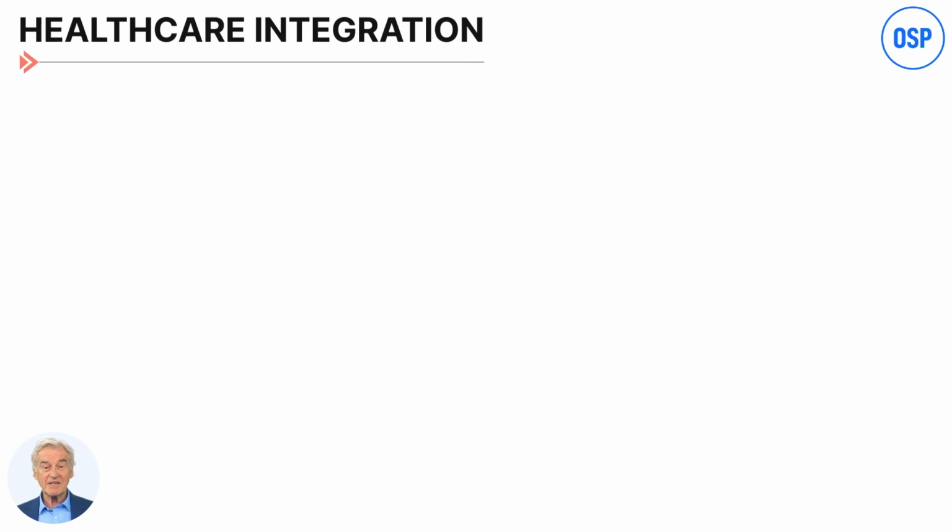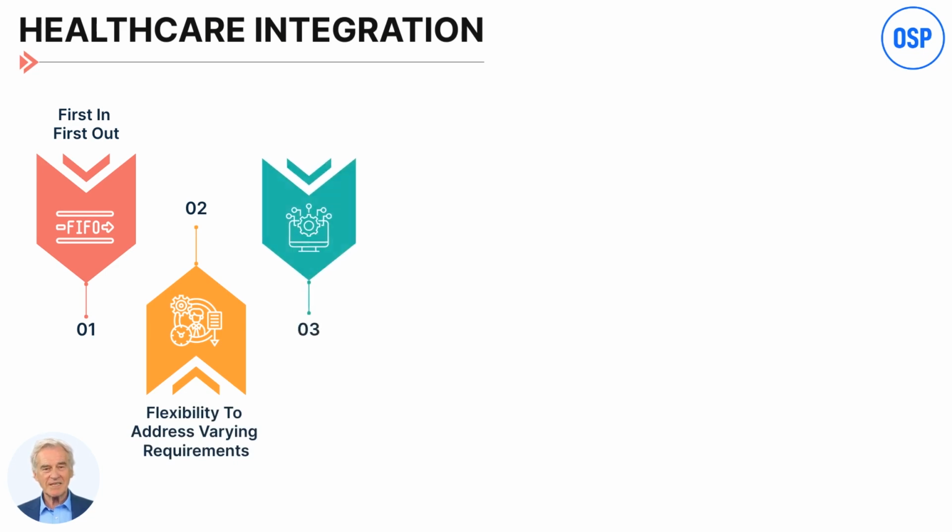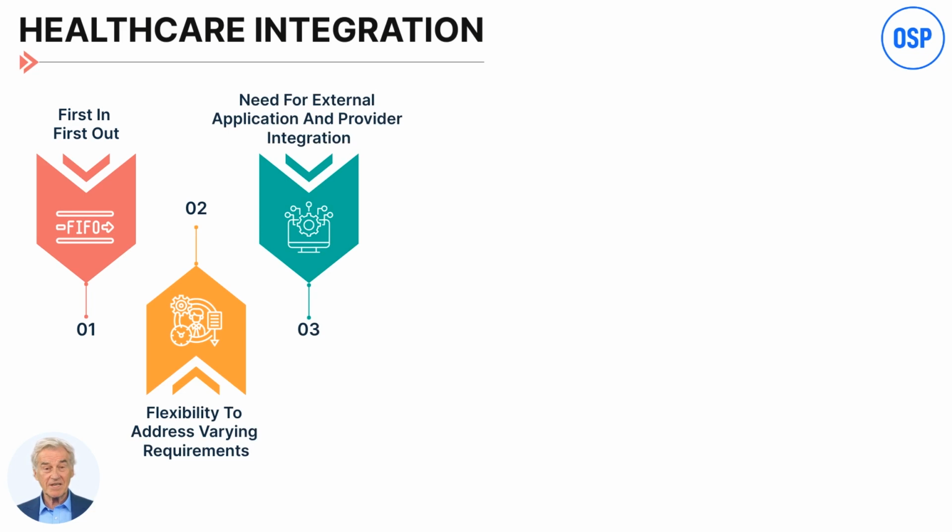Besides this, there are certain integration requirements, and those are: Number 1. First in, first out. Number 2. Flexibility to address changing requirements. Number 3. Need of external application and provider integration to send-receive data. Number 4.